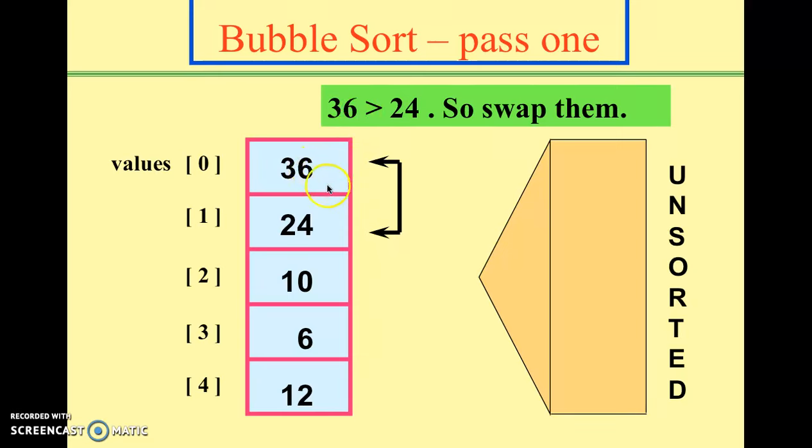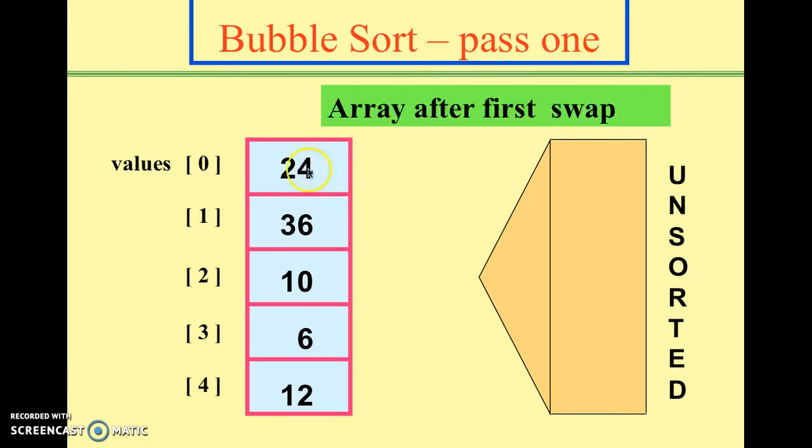So we compare 36 and 24, and since 36 is larger than 24, that's the incorrect order. Because we are sorting in ascending order, 24 should be before 36. So we swap them. And once we swap them, after the first swap, the array will look like this. 24 and 36 got swapped. Okay? So these are in correct order.